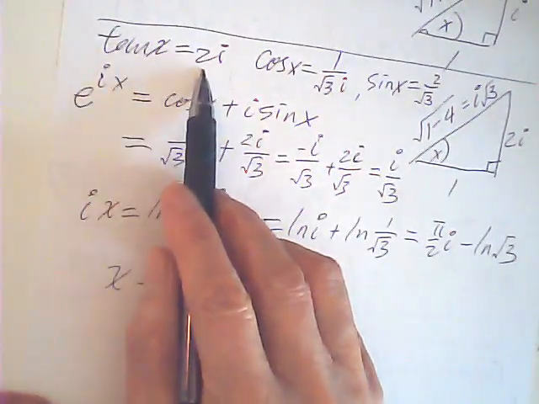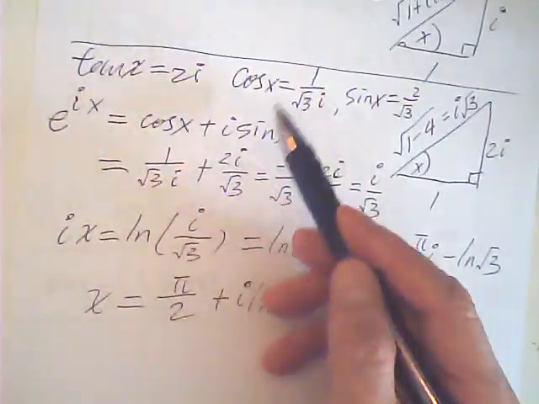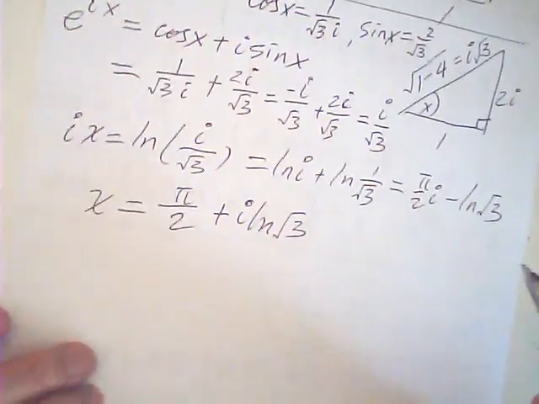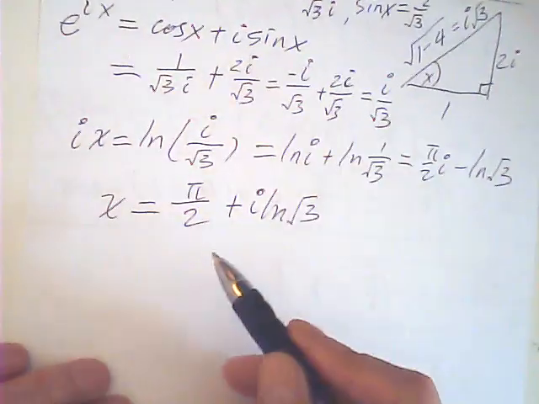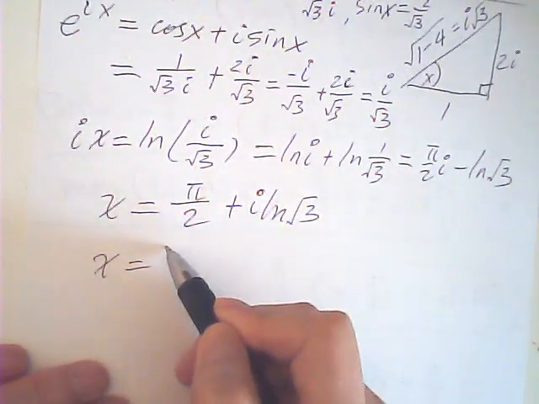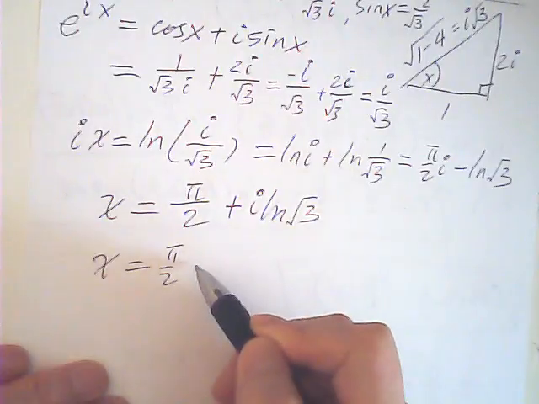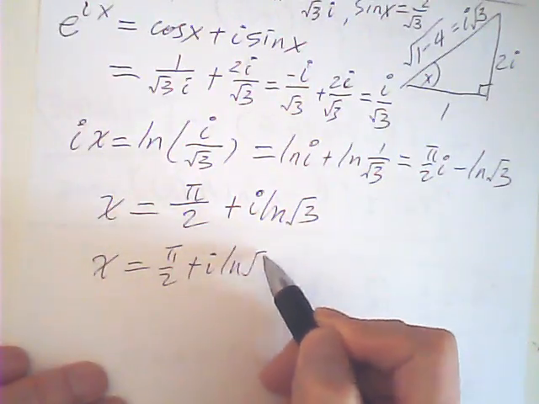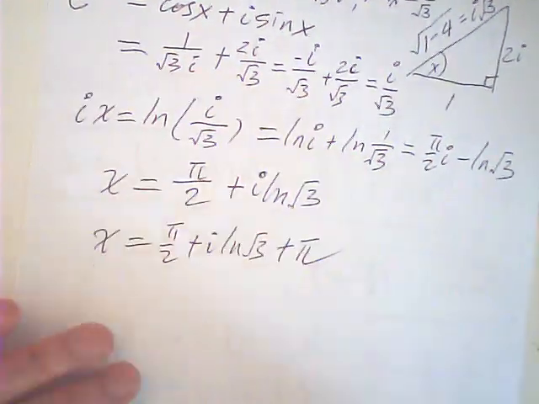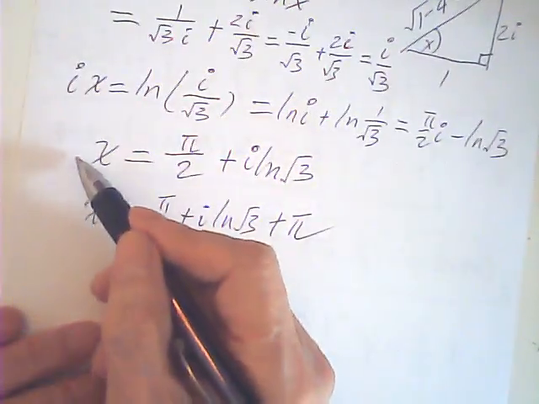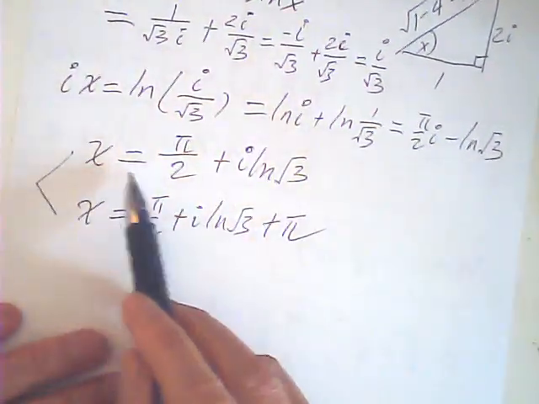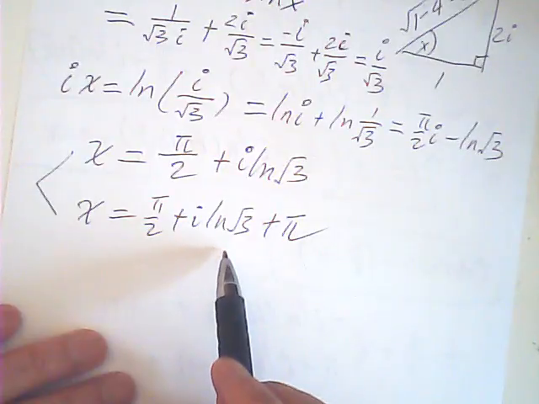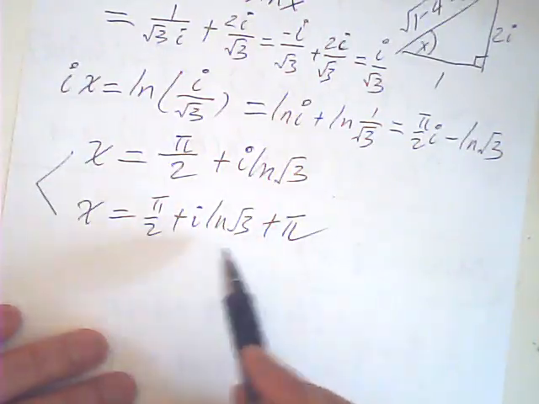Now, here I'm considering the first quadrant. Cosine, tangent is 2i, positive, then this could be what? This could be the third quadrant. Therefore, x could be what? This plus pi, right? And i root 3 plus pi. Yeah. See, both are okay. This is in the first quadrant, this is in the third quadrant.